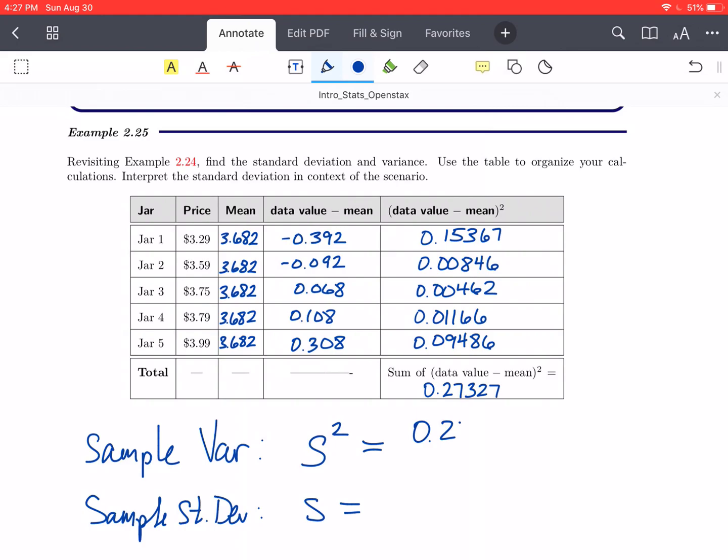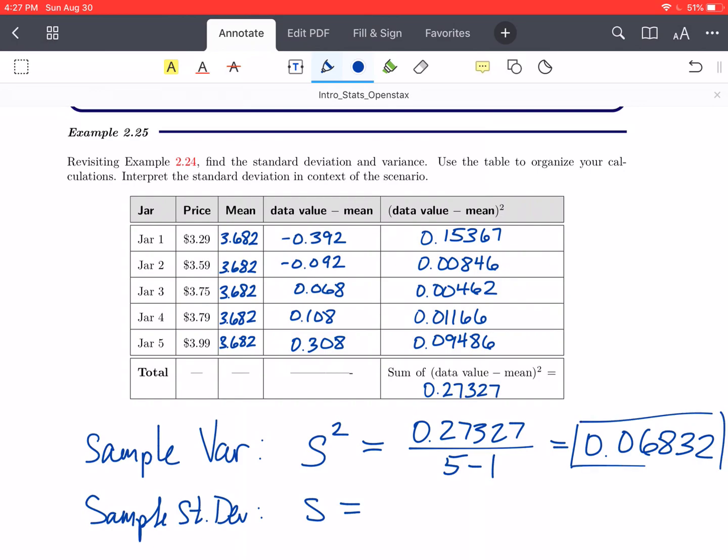We get 0.27327 over the number in the sample minus 1, so over 4. And we get 0.06832. That's our sample variance.